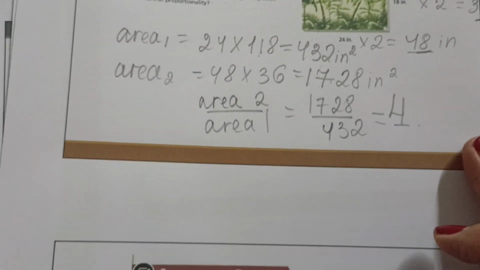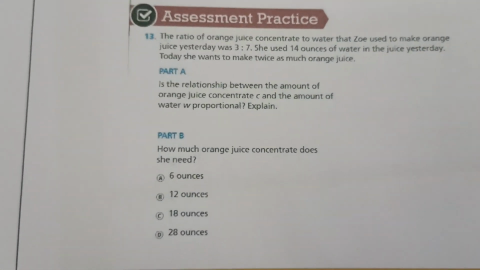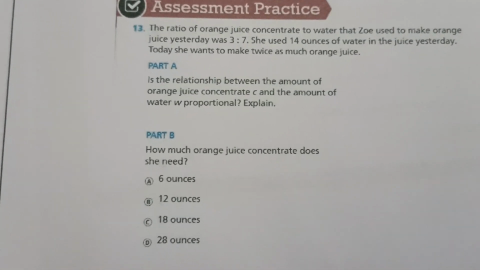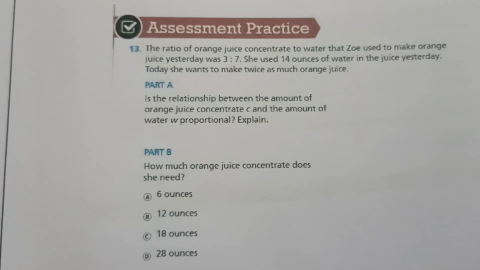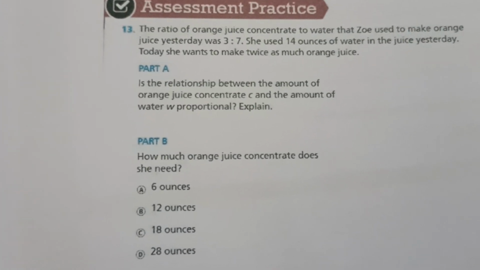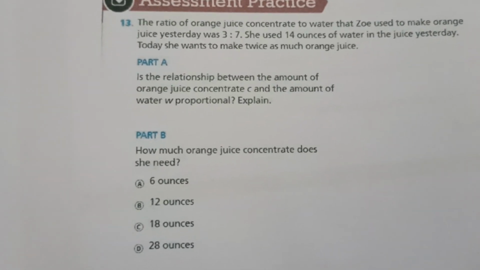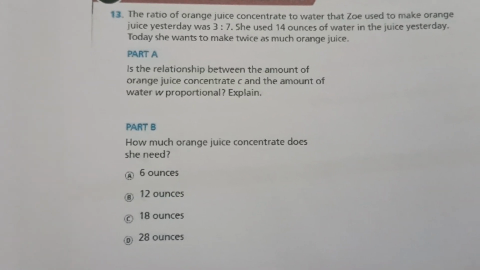And the last task, assessment practice. Number 13. The ratio of orange juice concentrate to water that she used to make juice yesterday was 3:7.